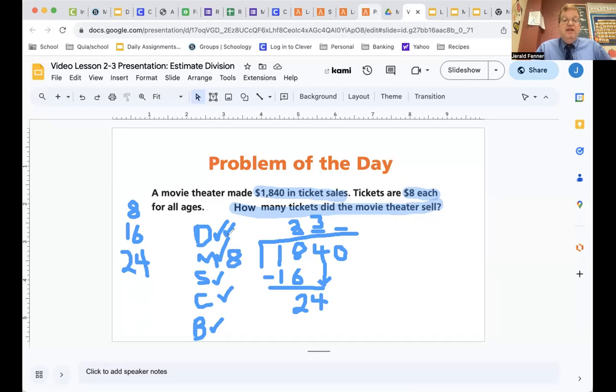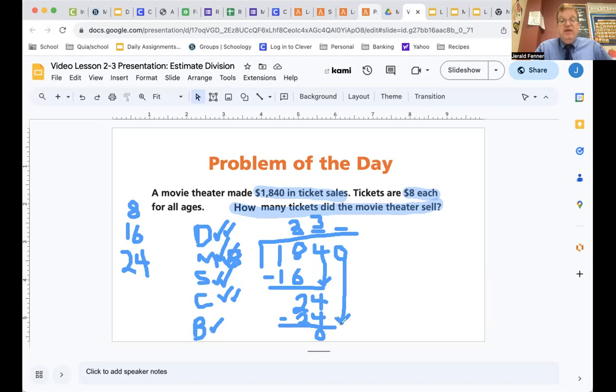Once again, we divided. 8 times 3 is 24. We're now going to subtract. 24 minus 24 is 0. We're going to compare, is 0 less than 8? And it is. So we're going to bring down the 0.